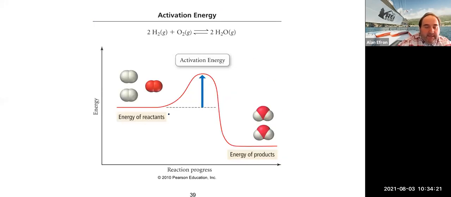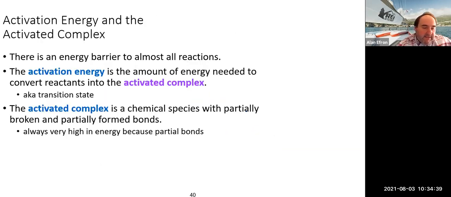As you can see here, again, our activation energy and then our products being formed. As these molecules come up the hill, they're breaking bonds and starting to make bonds, partially made, partially broken bonds, and then down to the other side to make our products. As I talked about, the energy barrier for most reactions is our activation energy.